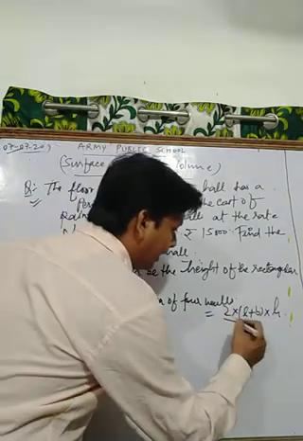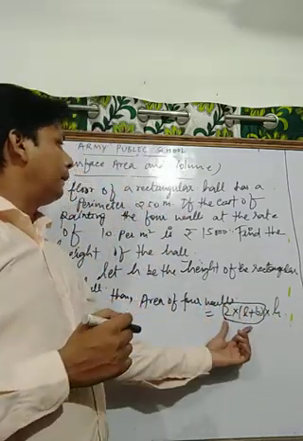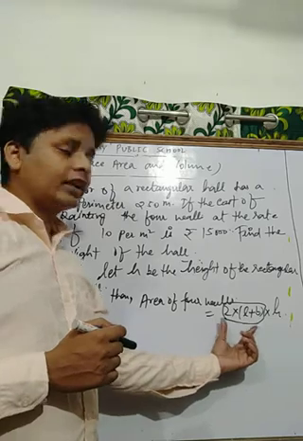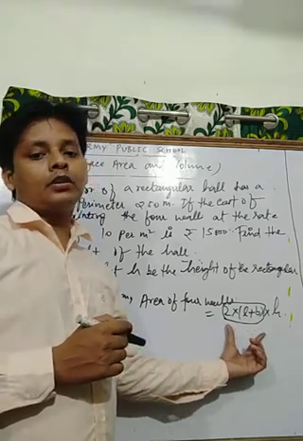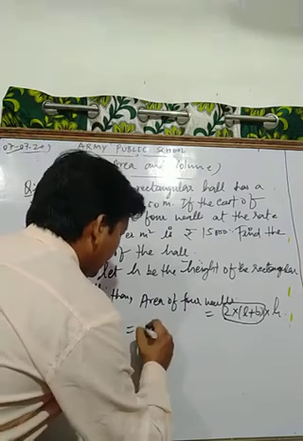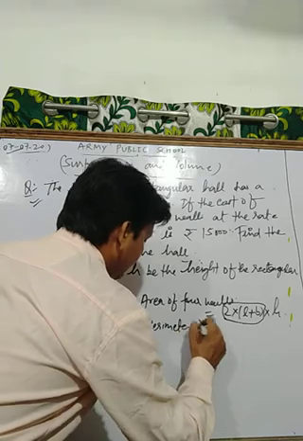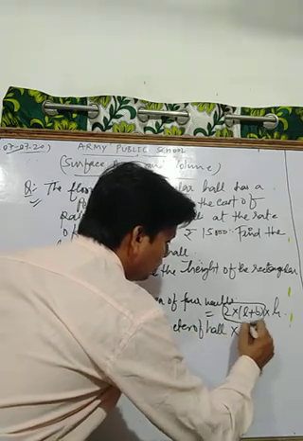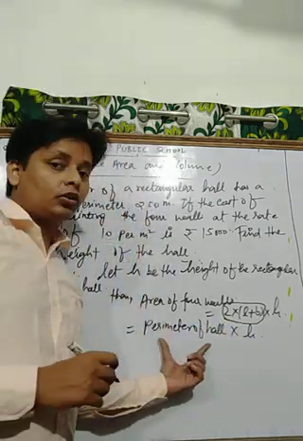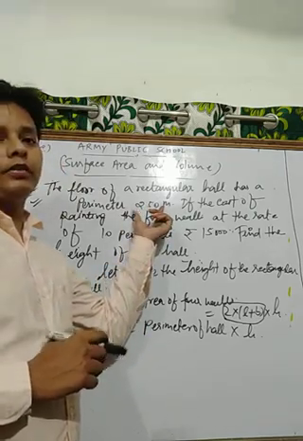And 2 into length plus breadth is what? This is the perimeter of the rectangular hall. Or this formula we can write as perimeter of hall into height h. And according to the question, the perimeter is 250.